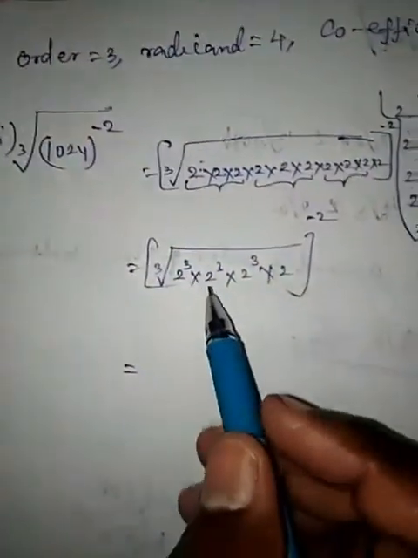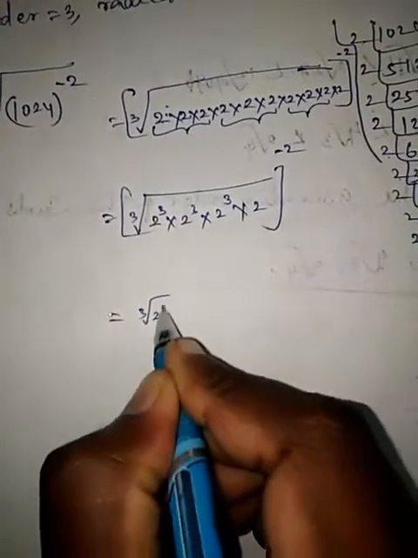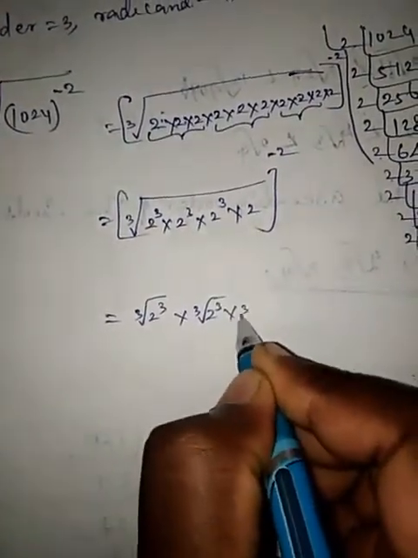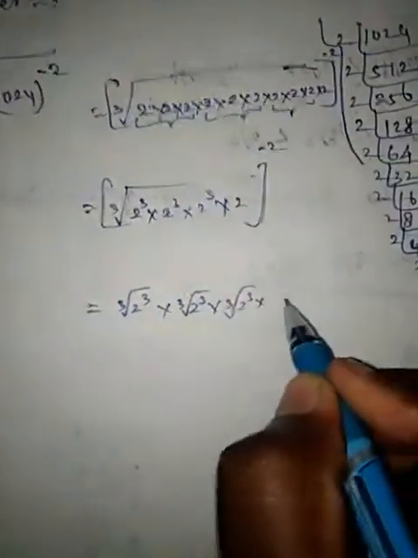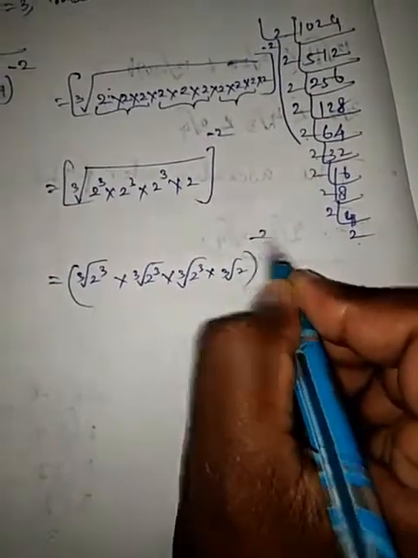Next, since it is a cube root, we take the cube root of 2 cube into the cube root of 2 cube into the cube root of 2 cube into the cube root of 2, whole power minus 2.